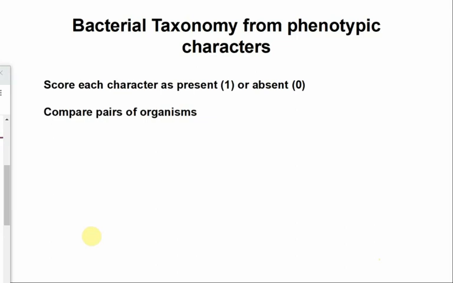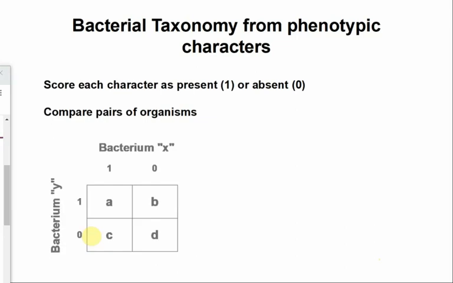And then you compare each pair of bacterial species. For each species, you've measured a whole bunch of characteristics. They score 1 and 0 for each one. Then you take them pair by pair, and you try and calculate the matching coefficient. So you've got a table here. Both bacteria can ferment glucose. That's one character that's in here.